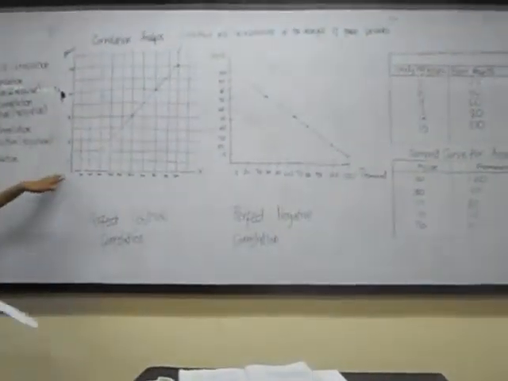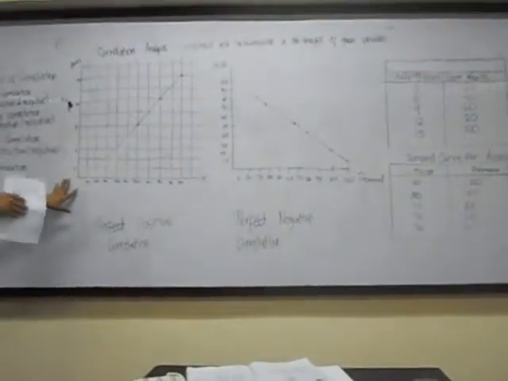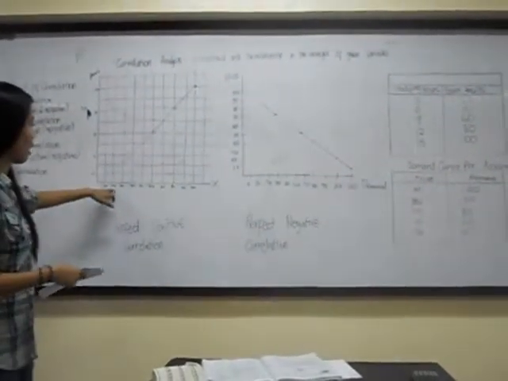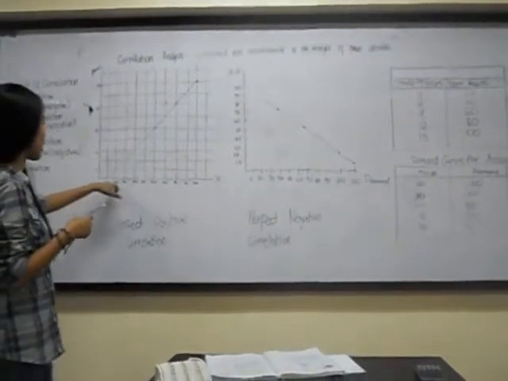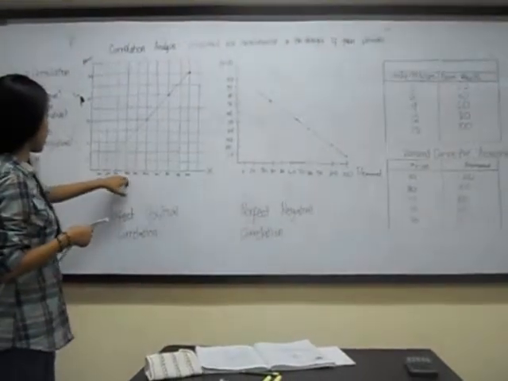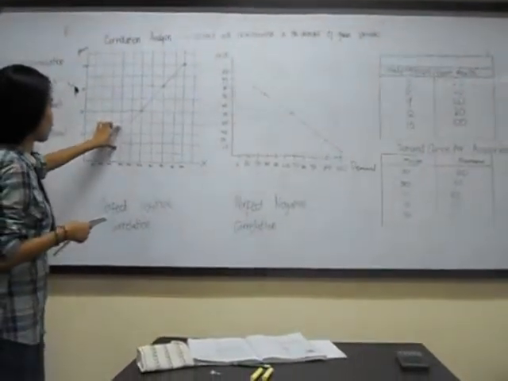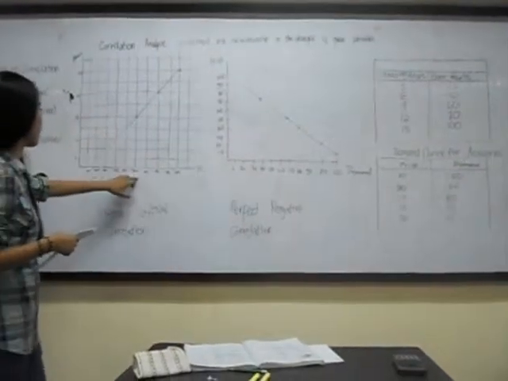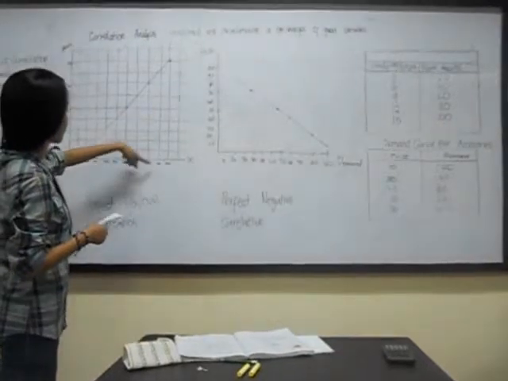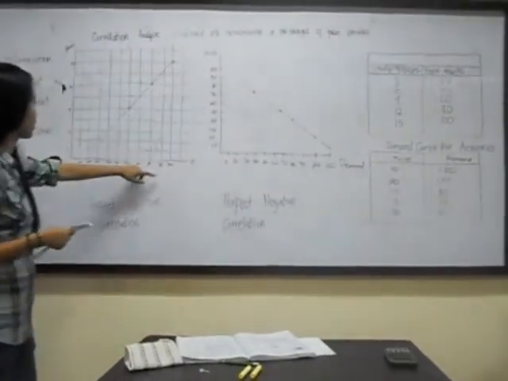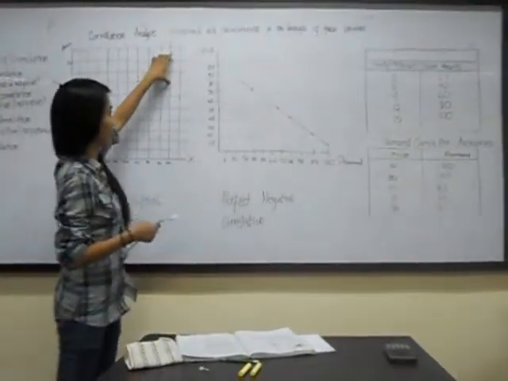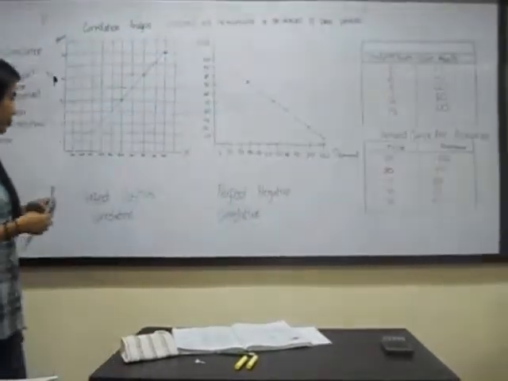And the plot, or the scatter in the diagram, is 3 hours, 20 points; 6 hours, probably 40 points; 9 hours, 60 points; 12 hours, 80 points; and 15 hours of studying results in 100 points.